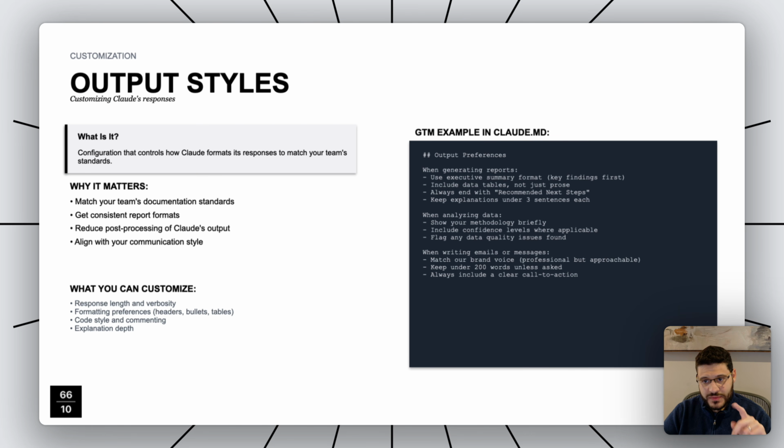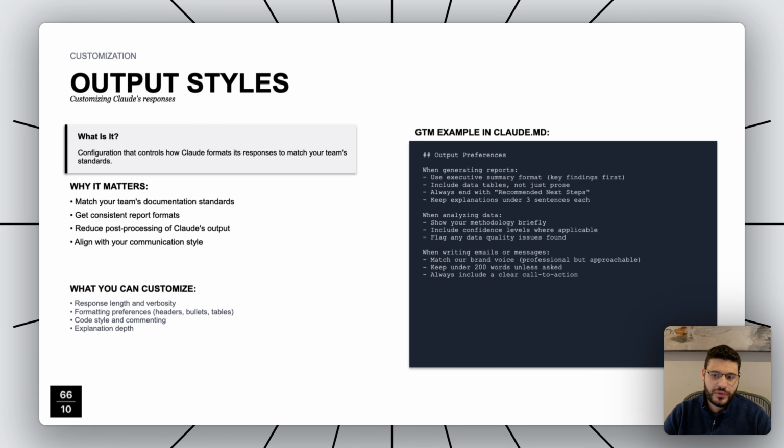Output styles. This one is an interesting one. Output styles is one that folks don't use often, I believe. If you have consistent outputs that you use company wide, whether it be branding or language or the method you present ideas, you can configure outputs within the Claude.md to really ensure that those outputs all get aligned regardless of what you're doing.